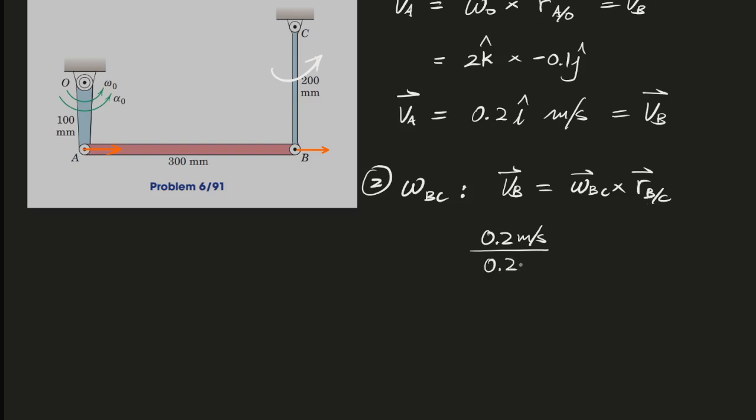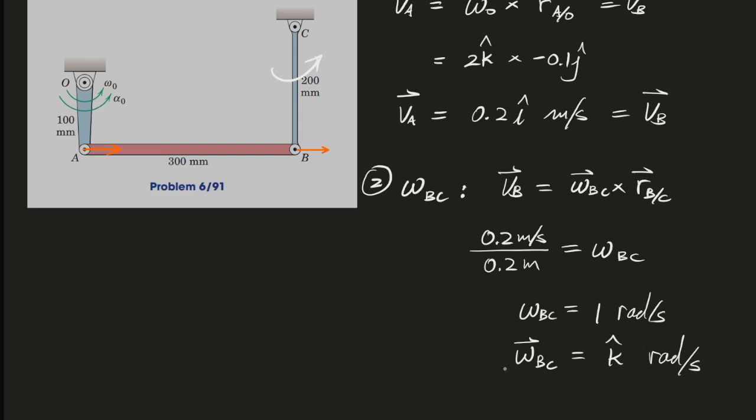That's 0.2 meters. And that is equal to the magnitude of omega BC. And omega BC has a magnitude of 1 radians per second. If I put the vector sign back to it, it will simply be 1 k vector radians per second. So that was our step 2.